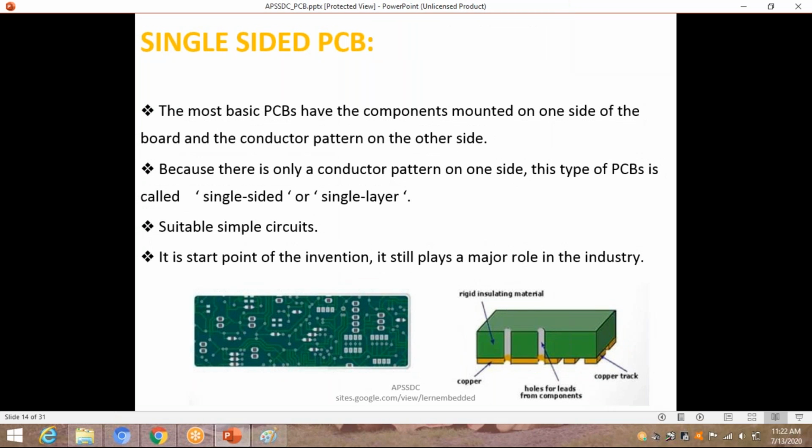Guys, one thing I need to tell you. Today is the introduction session. From tomorrow we will be working on the tools. Tomorrow and the day after tomorrow, we will not be working on any PCB designing software.